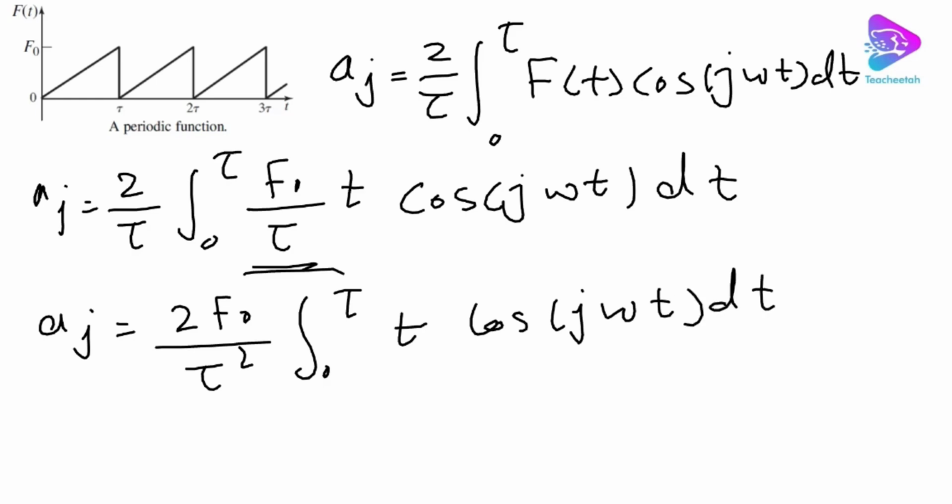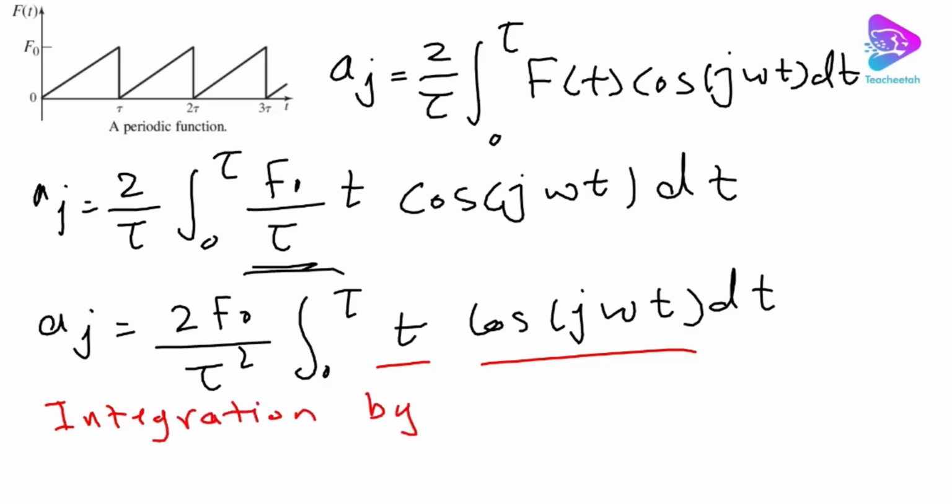As you can see, now we ended up with a bit more complicated integral, which has t and a cos function. I'm sure that you can find some references or handbooks to deal with these types of integrals, but for the case of showing how we can solve this equation, I want to use integration by parts.